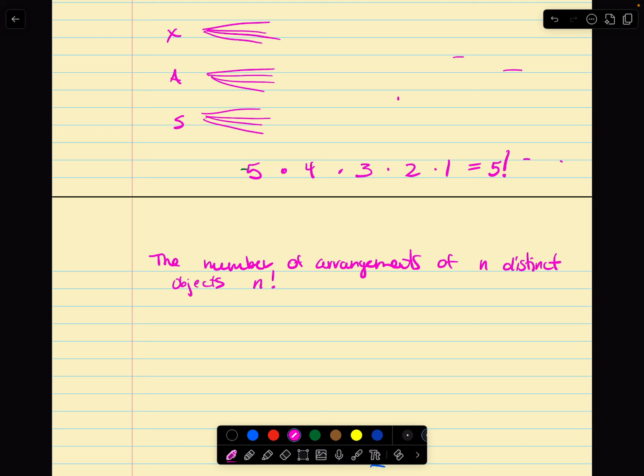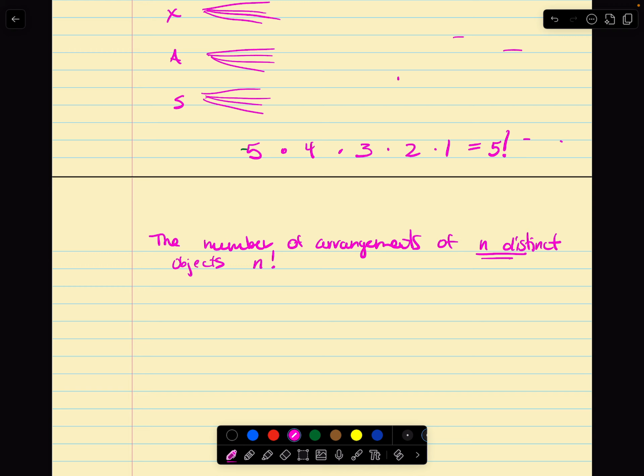If I had 6 letters, I would have 6 choices in the first step, then 5, then 4, then 3, then 2, then 1. So however many I have, the number of ways to arrange them is n factorial. And these arrangements, we have a special name for them, and that's called a permutation. So permutation goes with order matters.